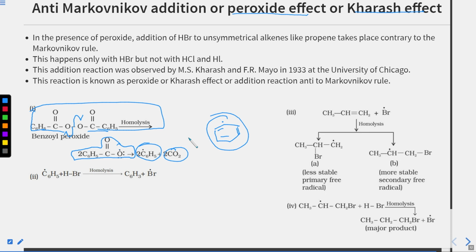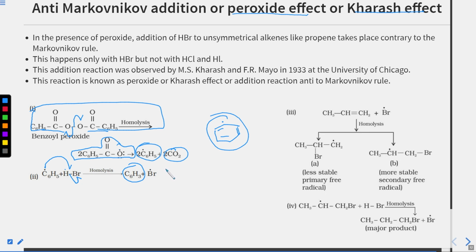Now next, what will happen? So we have our HBr. Again we will do a homolysis, and this dot will take H here, and the Br and H bond electrons will be distributed equally among both of these. So Br will take one electron and H will take one electron, and this electron of H and C6H5 will make a bond and we will get C6H5.